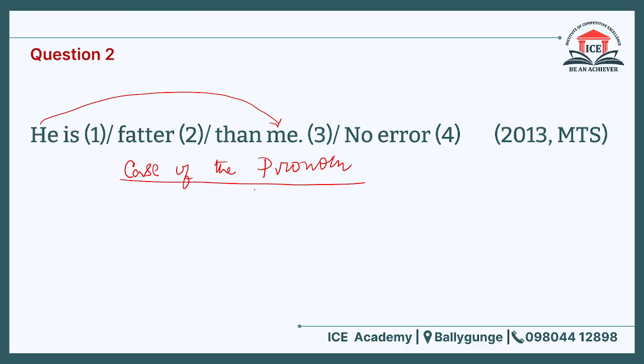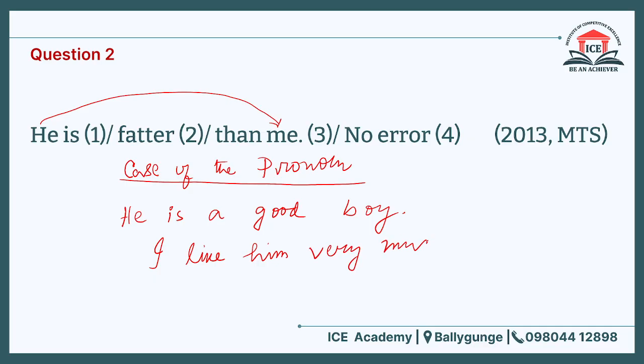Now, let me write two sentences. He is a good boy. And next sentence, I like him very much. So two sentences are written here. Now, in the first sentence, he is the subject of the sentence.